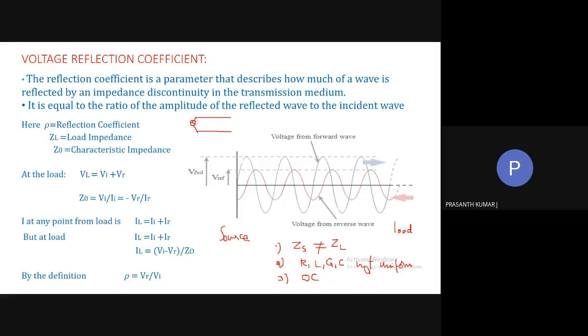So the current or the voltage will travel on the transmission line in the forward direction. సో ఇక్కడ ఎండ్ దగ్గరికి వచ్చేటప్పటికి ఇంకా దారి ఉందా వెళ్ళడానికి? లేదు. సో ఏమవుతుంది? ఇది ఎలా రిఫ్లెక్ట్ అవుతుంది? So it will be going in the backward direction. So in these three conditions, there are reflections on the transmission line.